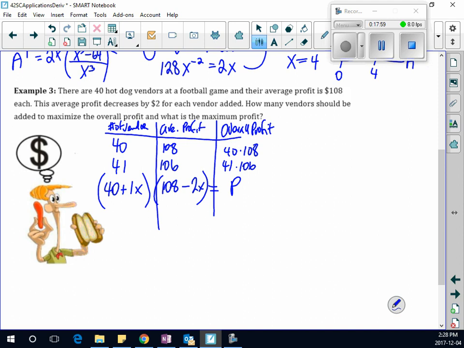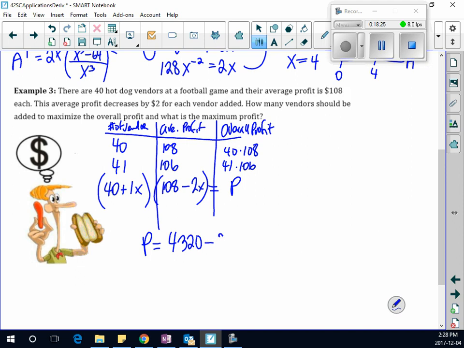So anyways, we are going to calculate this. We'll probably grab our calculator at this point because these are bigger numbers. So this is 4320.